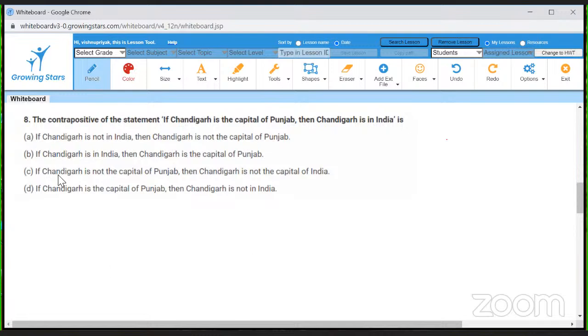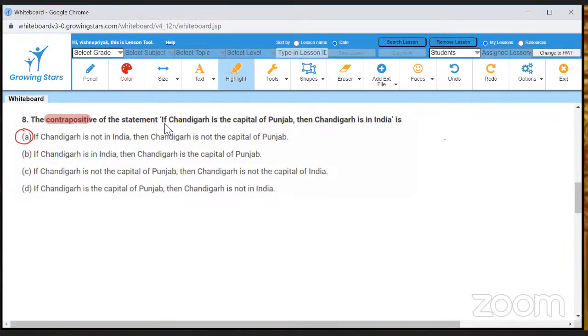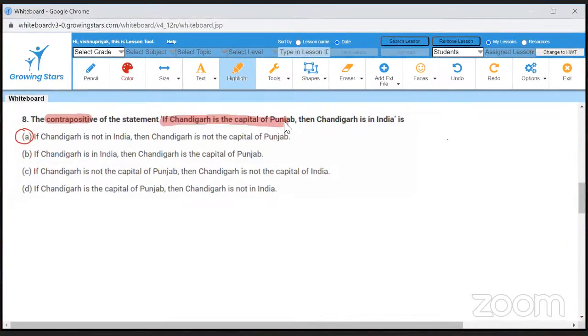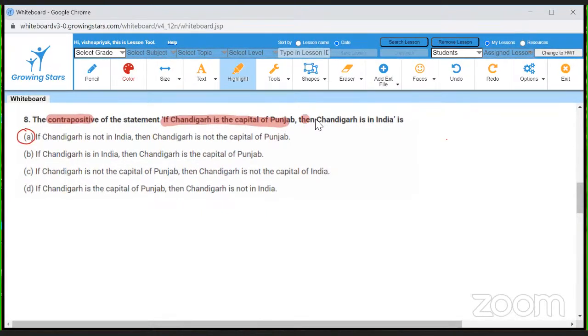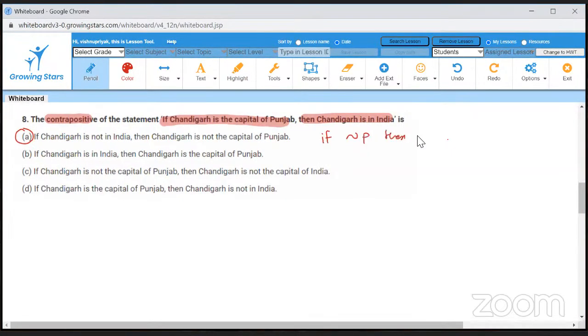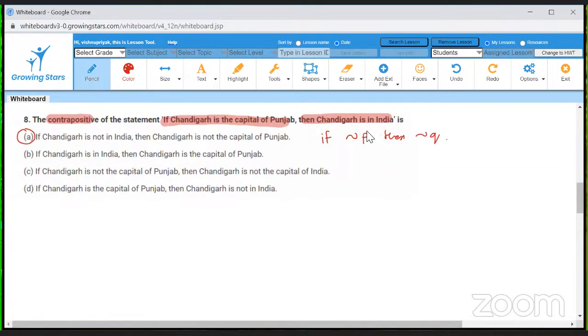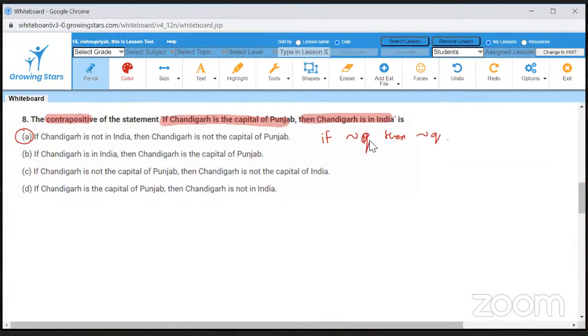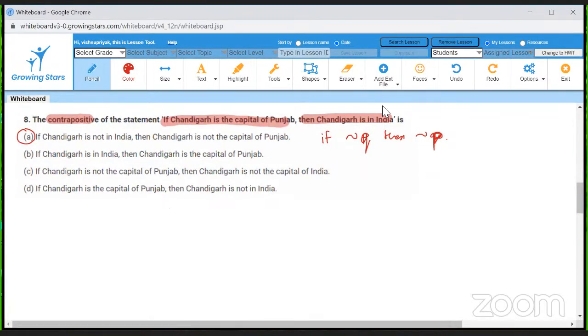Okay, what is the correct answer? A. Why? You have to write the contrapositive of: if Chandigarh is the capital of Punjab, then Chandigarh is in India. So what is the contrapositive? If not P, then not Q, or if not Q, then not P? Which one is the contrapositive?